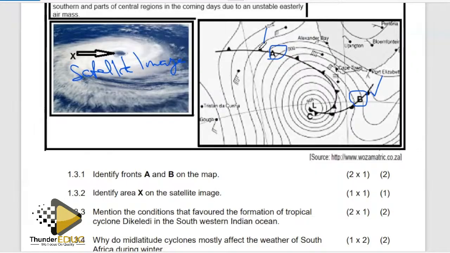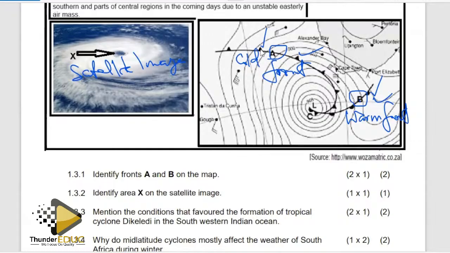That one is used for a cold front. So our A is a cold front. And B, a semicircular indication, indicates a warm front. So it's a cold front at A and a warm front at B. Those are the responses for the two different kinds of fronts.